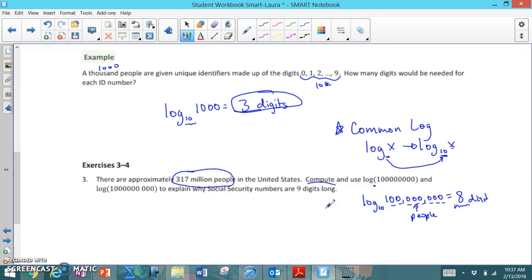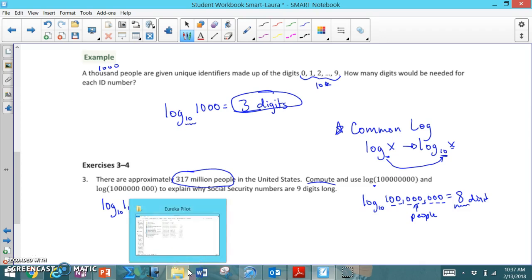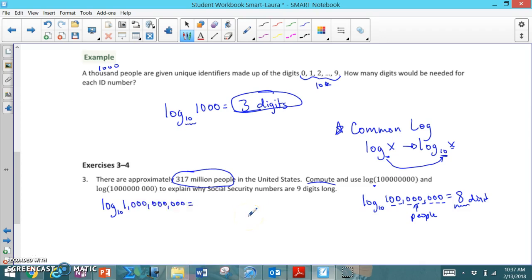Okay? So the next part guides me and says, okay, now figure out the common log, or log base 10, of 1 billion. I'm drawing in my commas because I think it looks nicer. So when I ask myself, what power of 10 gives me 1 billion, I get 9 digits.